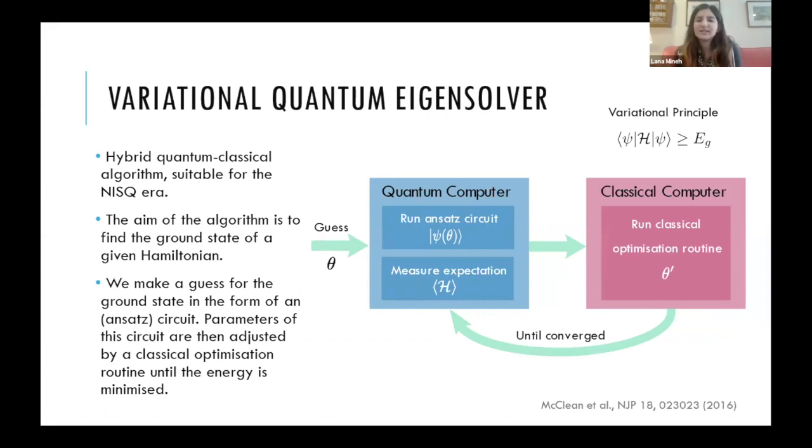We then measure the expectation with respect to the Hamiltonian. And then we pass this value into the classical computer and run a classical optimization routine, which gives us new values of theta for our ansatz circuit. And we repeat until we minimize. And we hope that once we've converged, we've reached the ground state or as close to the ground state as we can get.